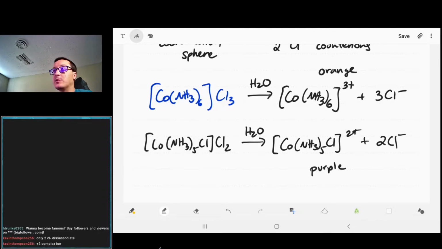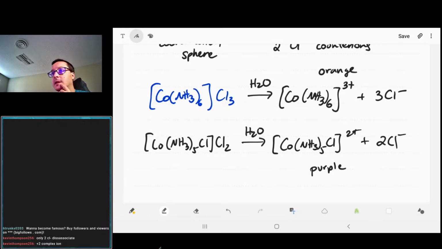So it just depends what's stuck on datively, like kind of covalently, and what's just there as a counter ion will have different effects on your solution. That's the reason these things were kind of discovered, is because there's all these very vibrant colors associated with them. We're going to learn, if we get today to crystal field theory, how to associate the colors with some of the transitions that are happening with the d electrons. But remember that it's the d electrons that are moving around that contribute to colors, because those energies are in the visible light spectrum.